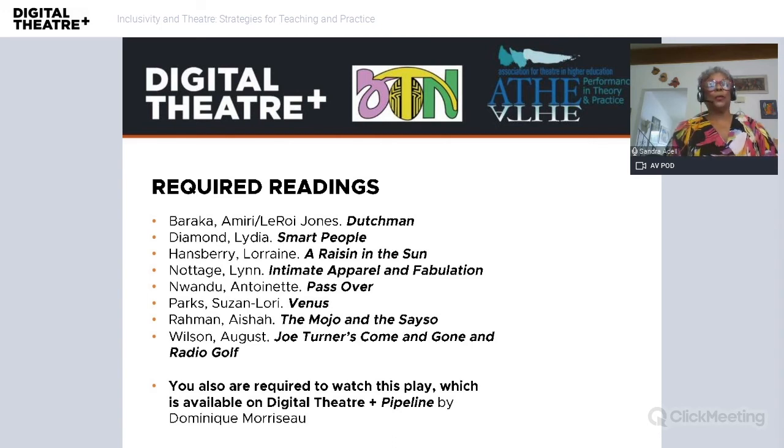Another play, The Mojo and the Sayso, is based loosely on the police shooting of a young man named Clifford Glover in Queens, New York, in I think it was 1976 or 78.